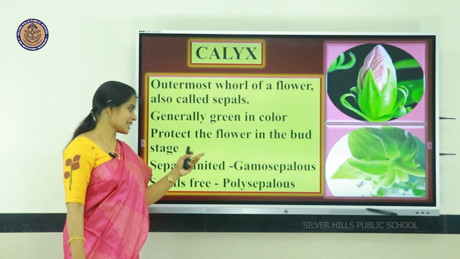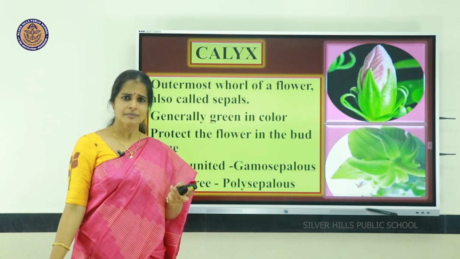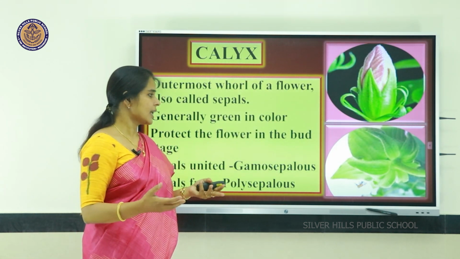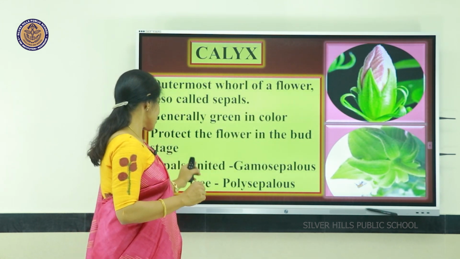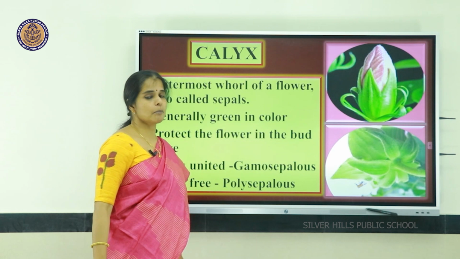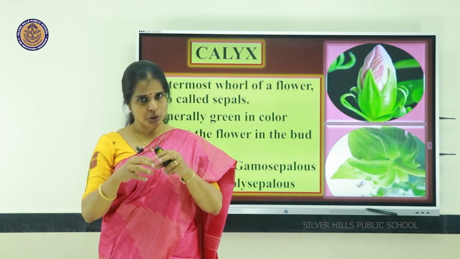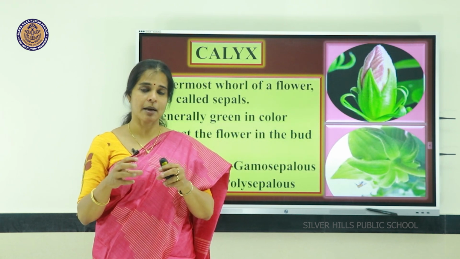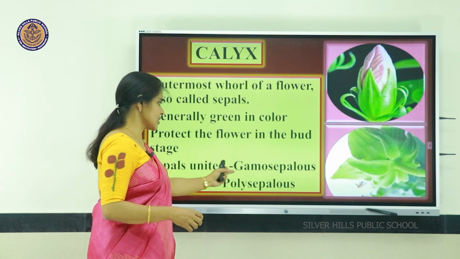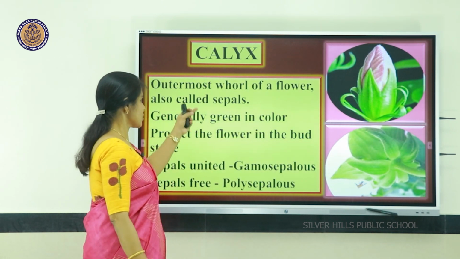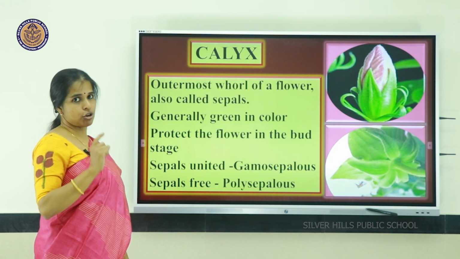And when the sepals are totally free, each one separated, such a condition we call polysepalous. So, if the sepals are united, it is known as gamosepalous, and if the sepals are free, it is known as polysepalous. That is all about the calyx, the first floral part of a flower.